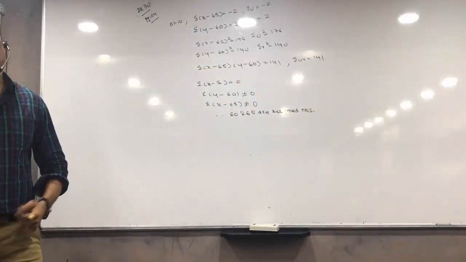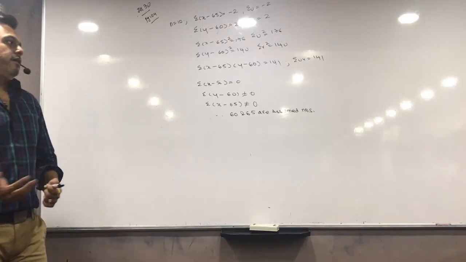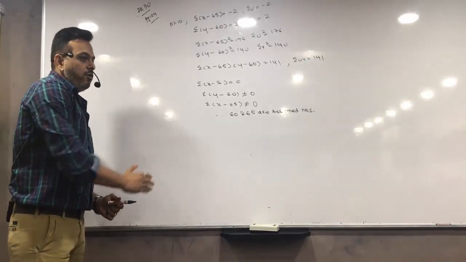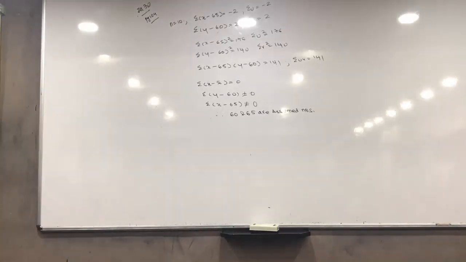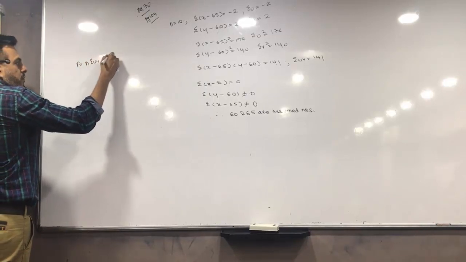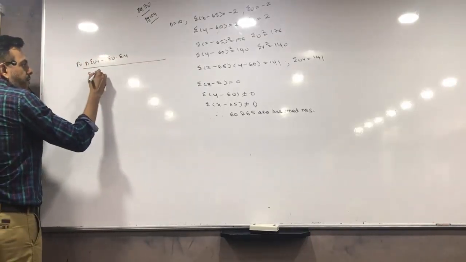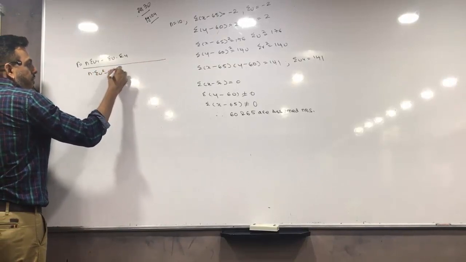Everything given? Yes. No need to solve anything further in this. Directly write the formula and solve the sum. N sigma u square minus (sigma u) whole square.